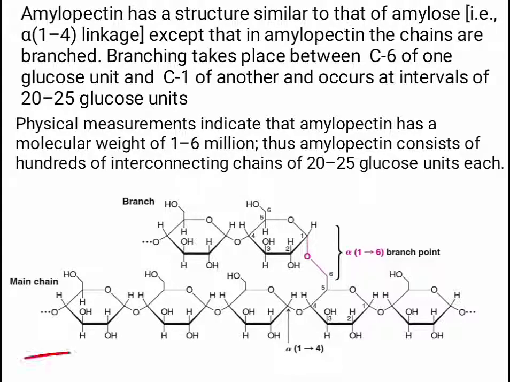So after 20 or 25 glucose units, you can find a branching in case of amylopectin, and the branching is occurring between the C6 and C1 of these two glucose units. Physical measurements indicate that amylopectin has a molecular weight of 1 to 6 million. Thus, amylopectin consists of hundreds of interconnecting chains of 20 to 25 glucose units each.